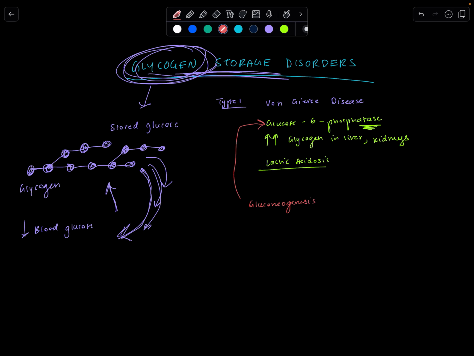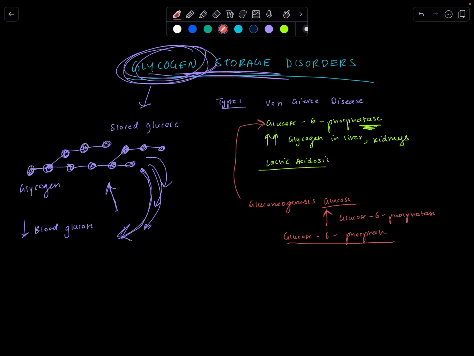And it's going to allow us to go from glucose 6-phosphate to glucose. Please excuse my air conditioner that just decided to turn on in the background. So we're going to go from glucose 6-phosphate to glucose via the enzyme glucose 6-phosphatase.